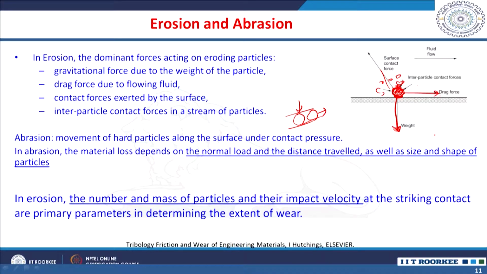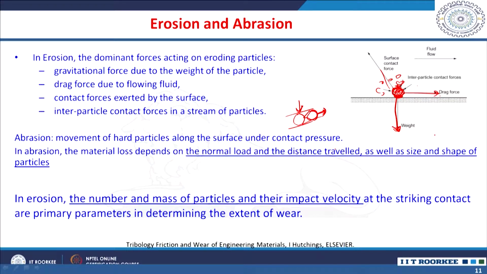In abrasion, material loss depends mainly on the normal load and the distance they travel, as well as the size and shape of these particles, whereas in erosion it is the number of these particles and their impact velocity at the striking contact that actually determines the extent of the erosion wear.